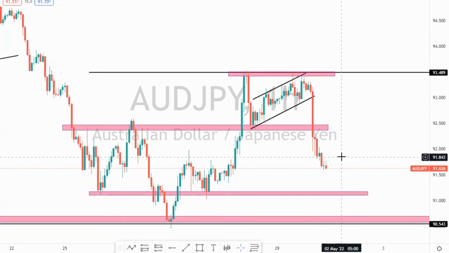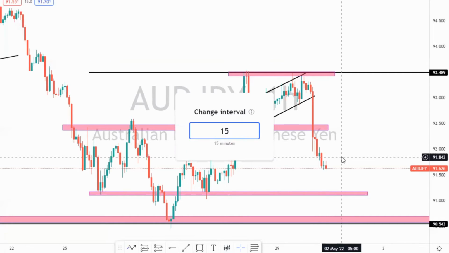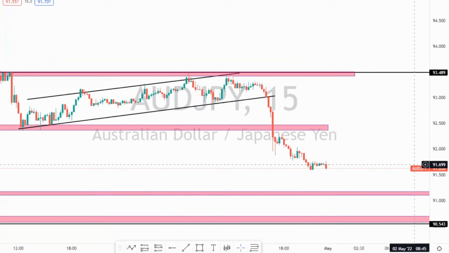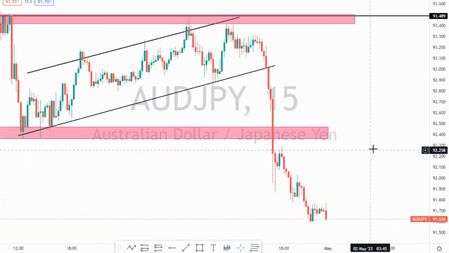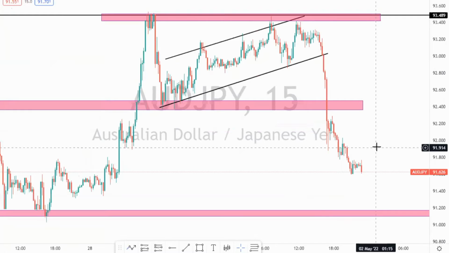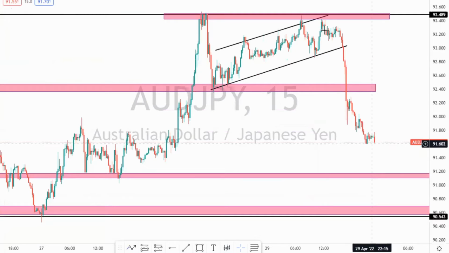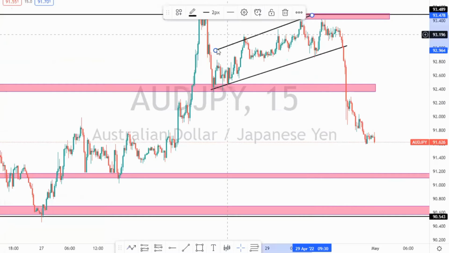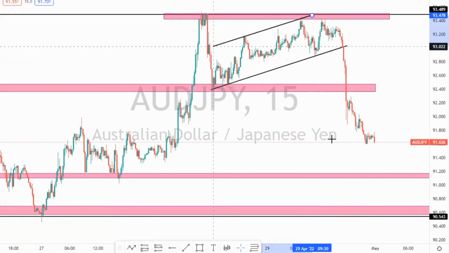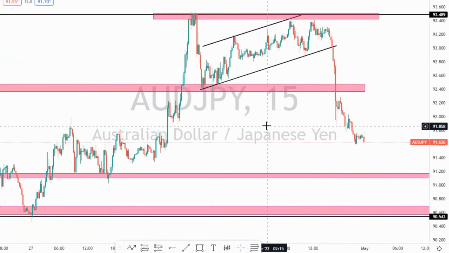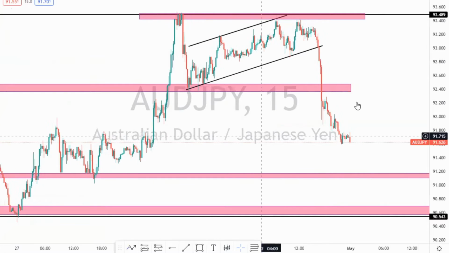Let's switch the time frame to 15 minutes. So normally I look for my entries on the smaller time frame, but I do have a picture and idea of the larger time frame. So for AUDJPY on the 15 minutes, I'll be looking for a pullback. Why do I say that?